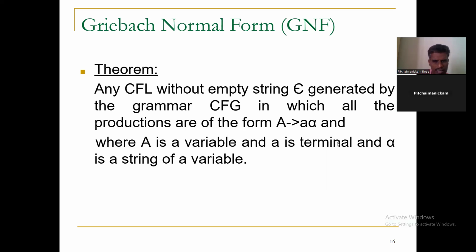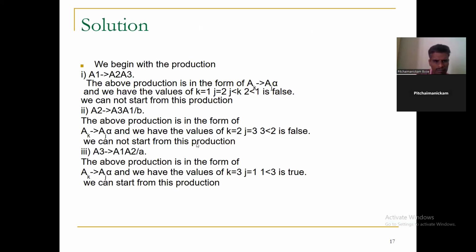Capital A is a variable, small a is a terminal, and alpha is a string of variables. You just note it out. Another thing is that first we choose which production we have to start with. That is our important question. So what we are going to do is A1 tends to A2 A3.